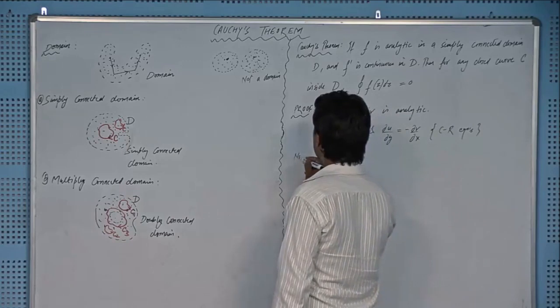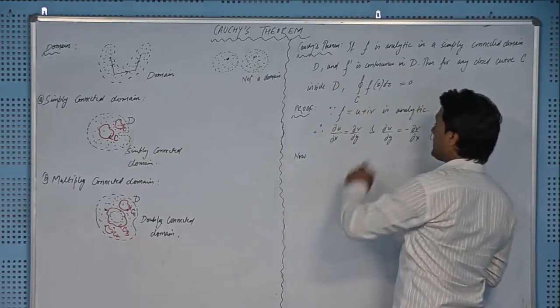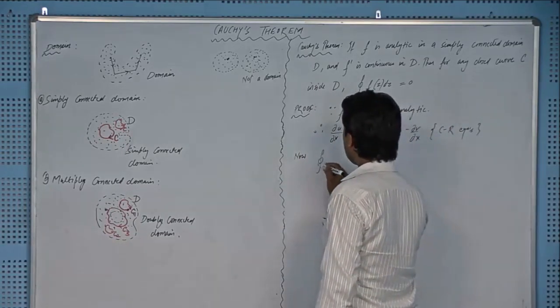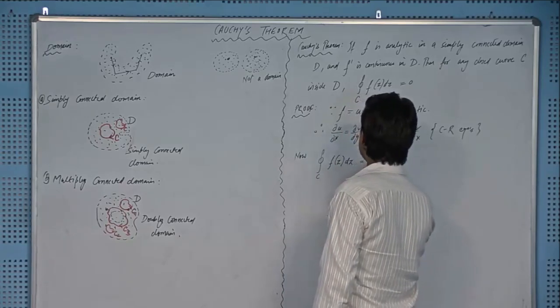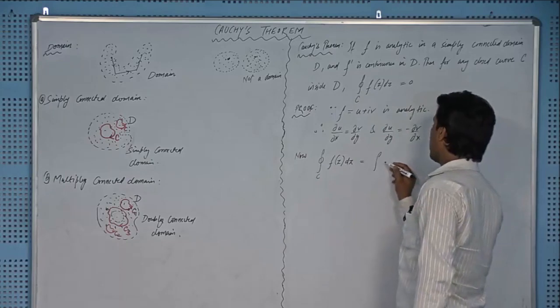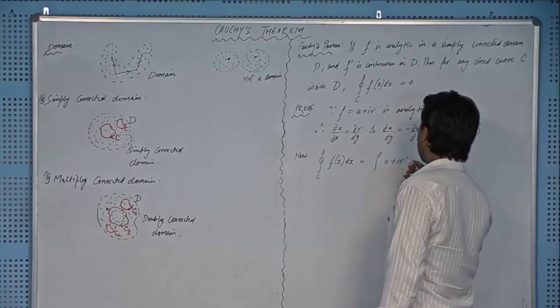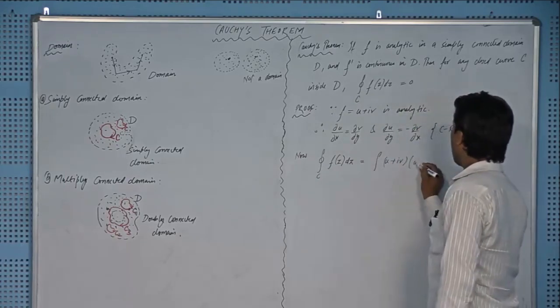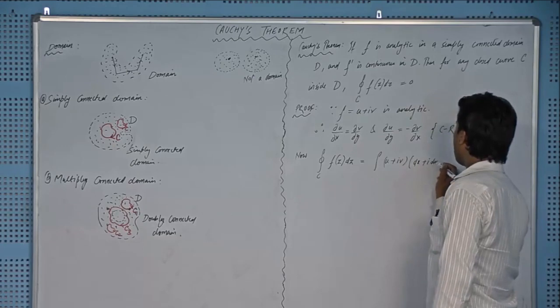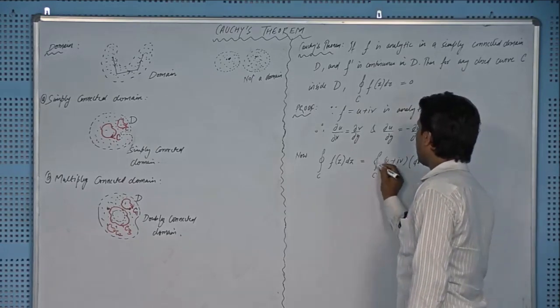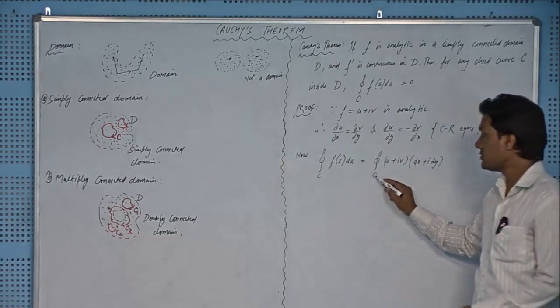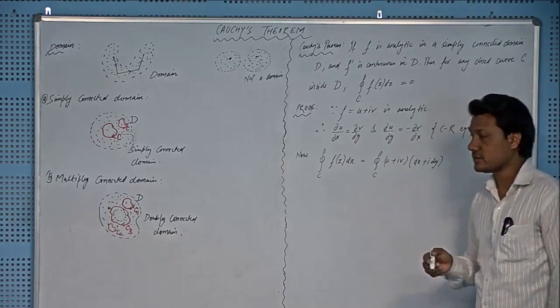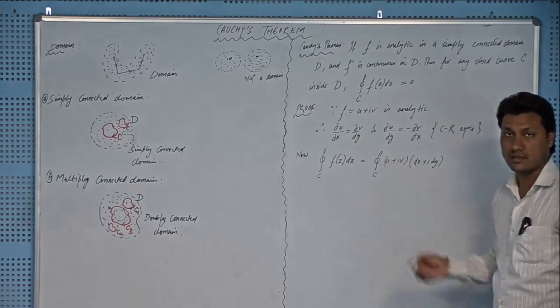Now, evaluating this integral over C of f(z) dz, this will be actually equal to the value of f(z) which is u plus i v, and dz is actually dx plus i dy, right? And you know that this symbol represents that the contour C is closed, right? That's why we are putting a circle here, right?